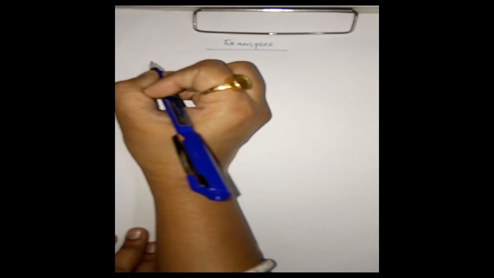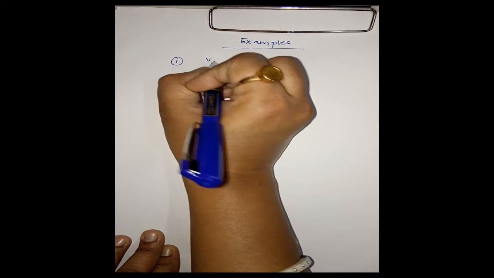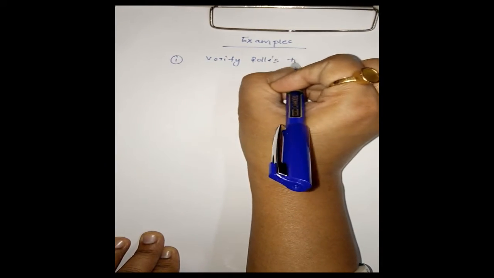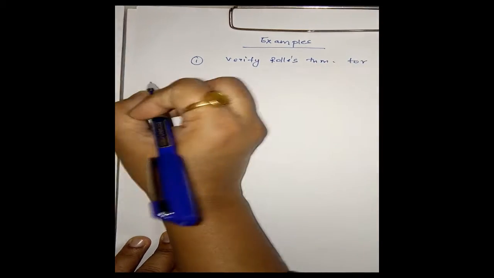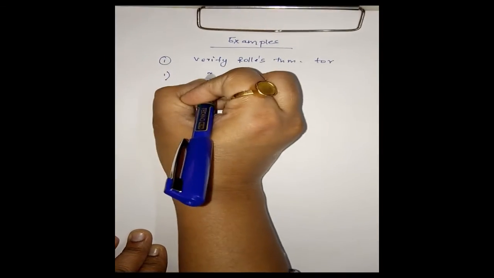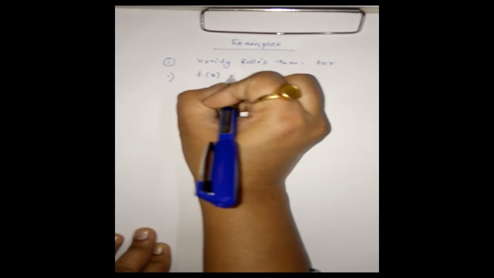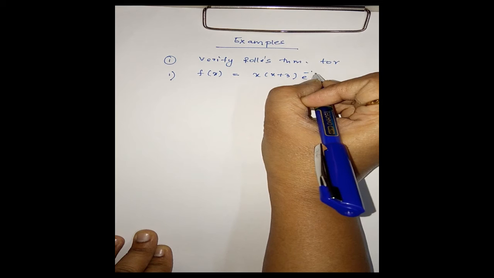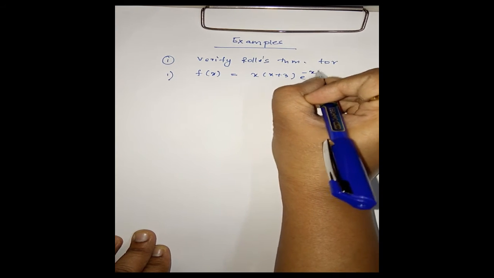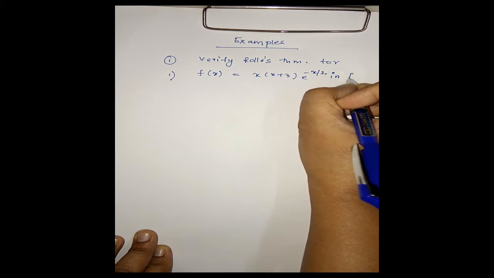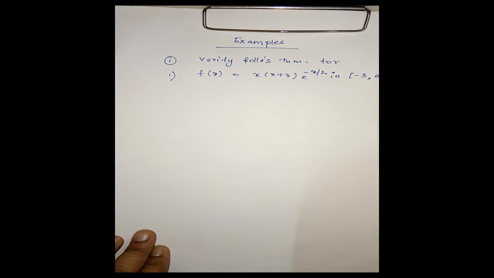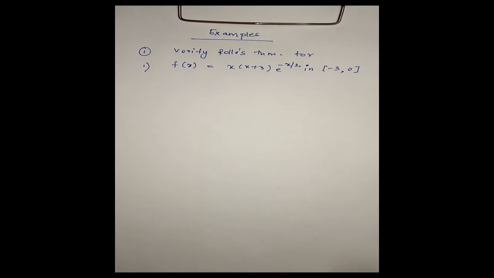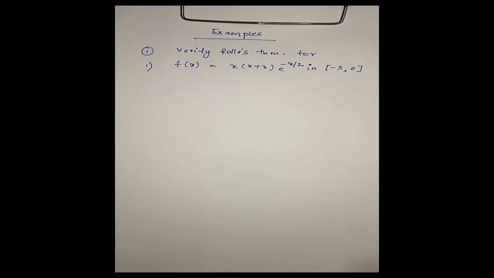First example: verify Rolle's theorem for the function f(x) is equal to (x plus 3) e to the power minus x by 2, and the interval given to us is [minus 3, 0]. We have to verify Rolle's theorem for this particular function.